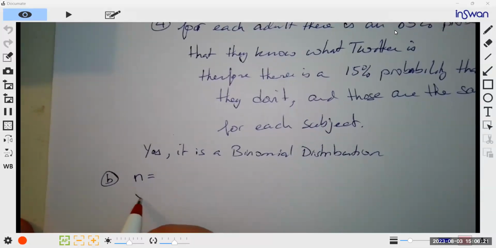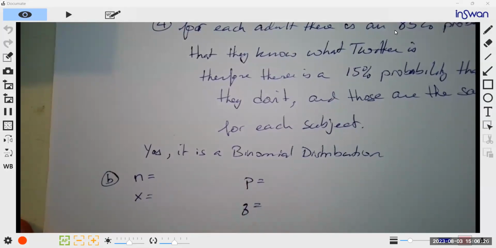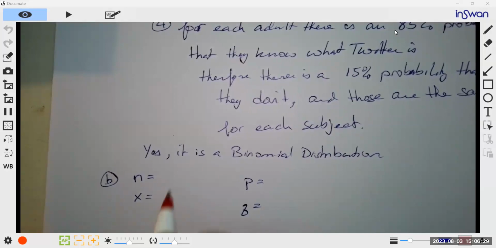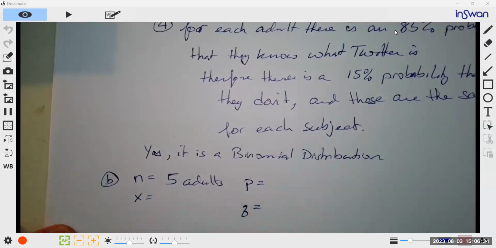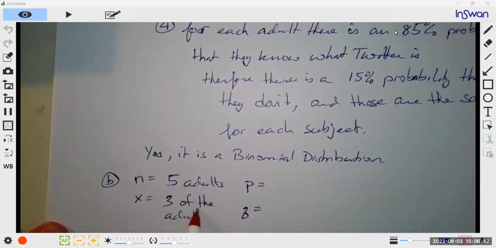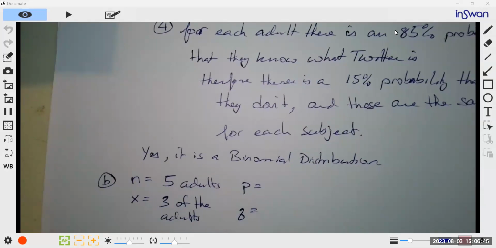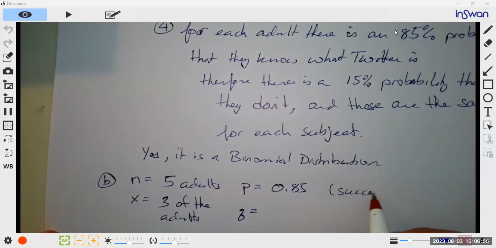we have to know what N, X, P, and Q are. N, 5 adults. We want to know 3 of the adults. So this one is success equals 85%.